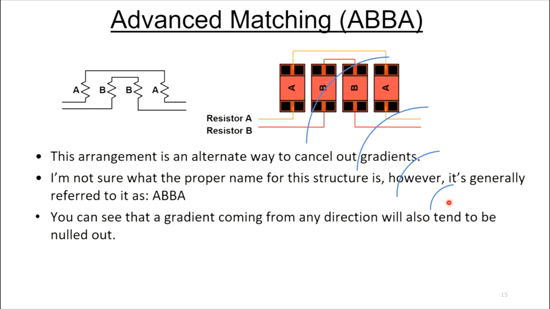Let's say you have this gradient. Again, it could be poly sheet resistance, critical dimensions, or temperature. It's going to affect the closest resistor first and the furthest resistor the least, and the ones in the middle mid-range. So again, this is a technique very commonly used for canceling out gradients across the wafer if you need very precise matching.